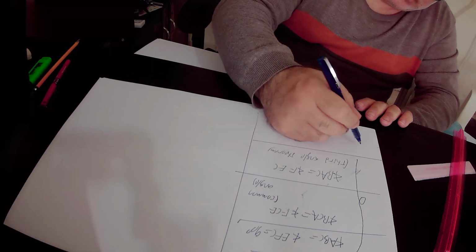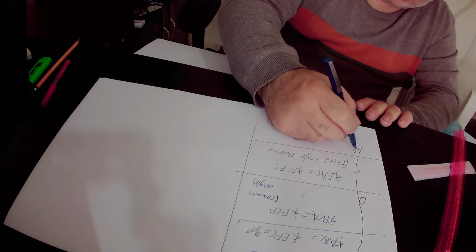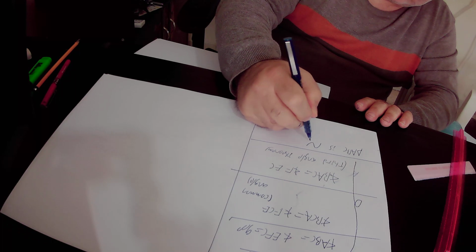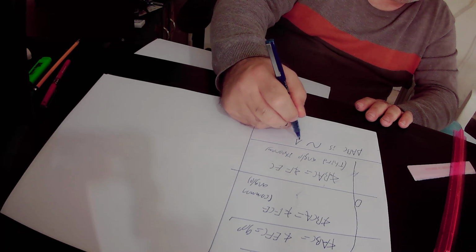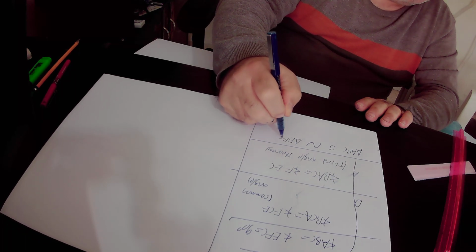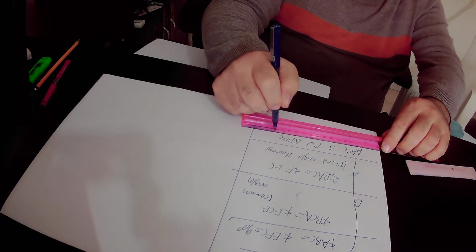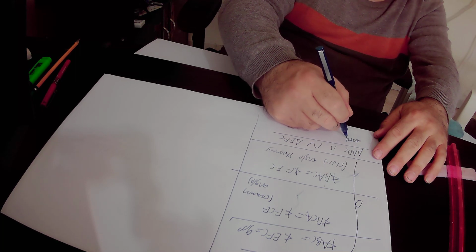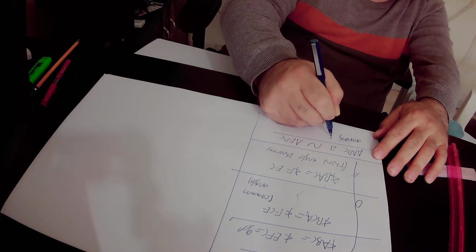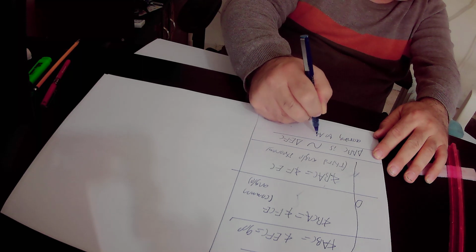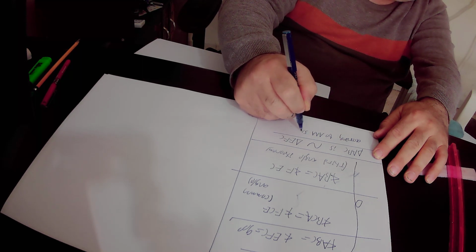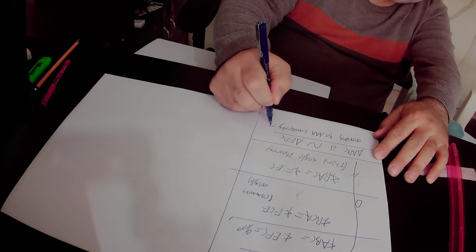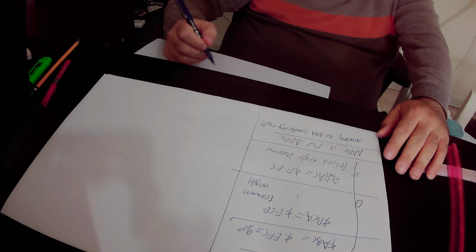Therefore, we proved that triangle ABC is similar, this is the sign of similar, to triangle EFC, according to the angle similarity rule. Okay?